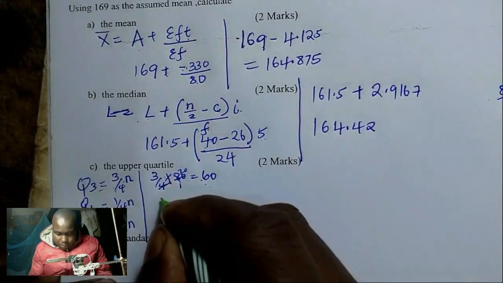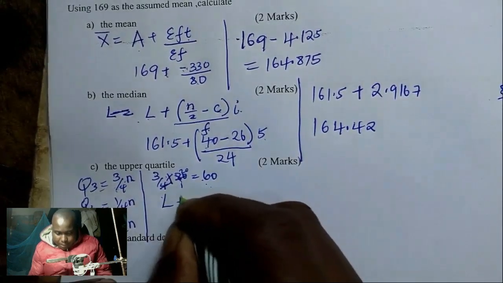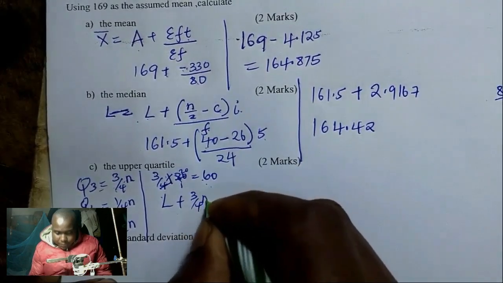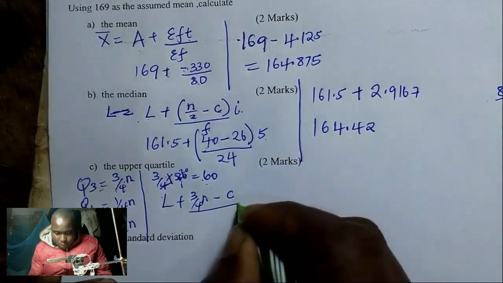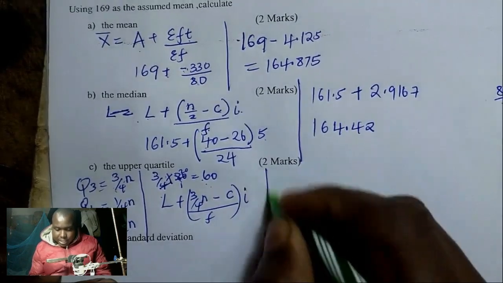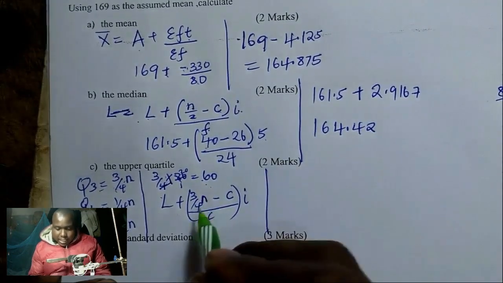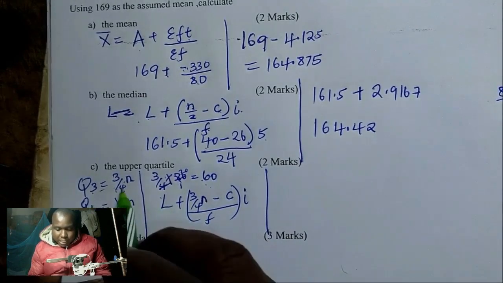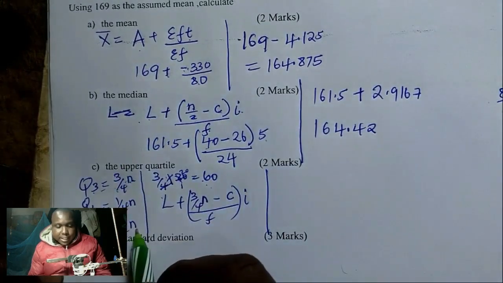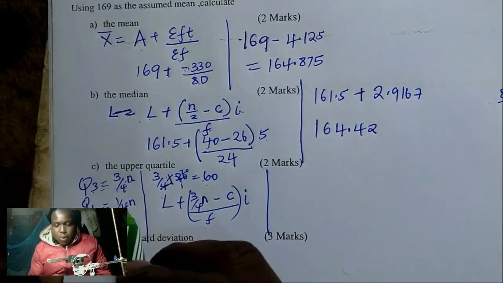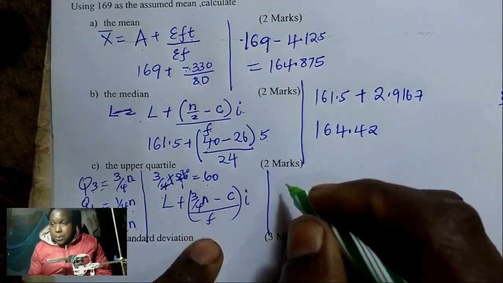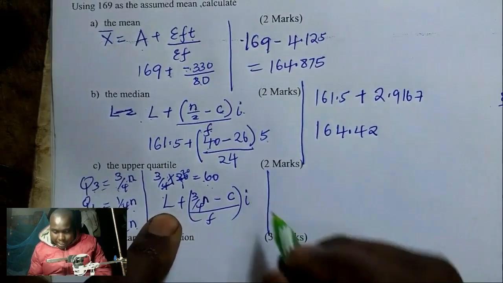So we are going to have L plus, not now n, but 3 over 4n minus C over frequency times I, right? Tofauti ni kwamba the upper quartile inapatikana kwa 3 over 4n. Median inapatikana kwa half n. And the lower inapatikana kwa 1 over 4n. So, therefore now we continue. Our L, we come here.